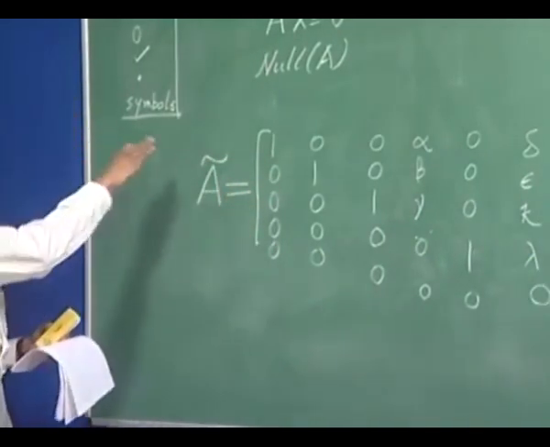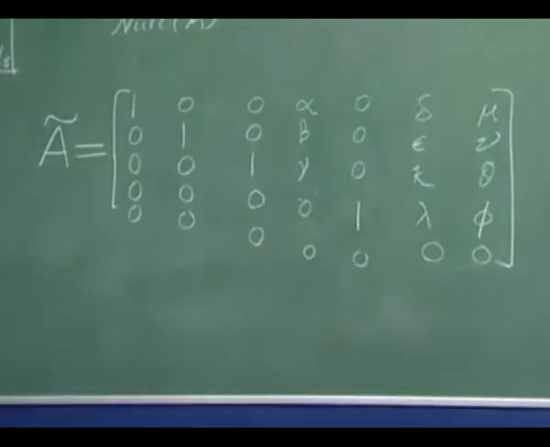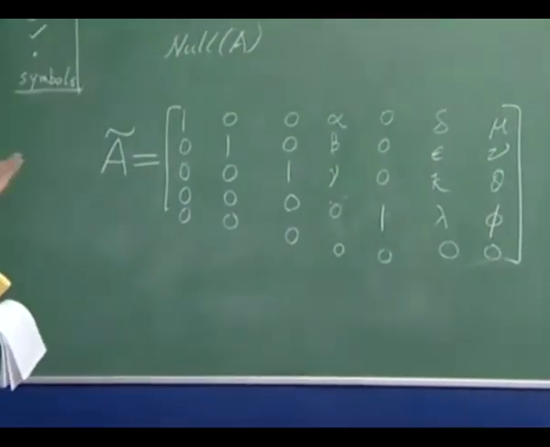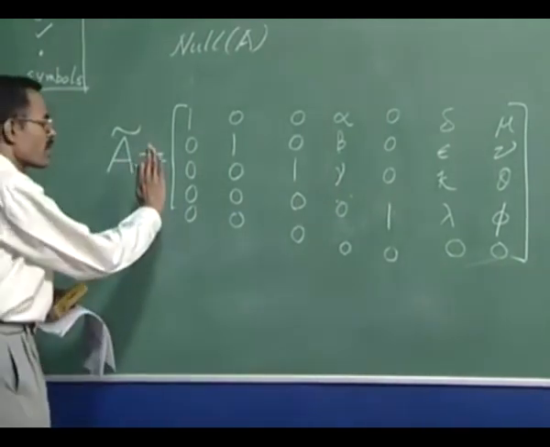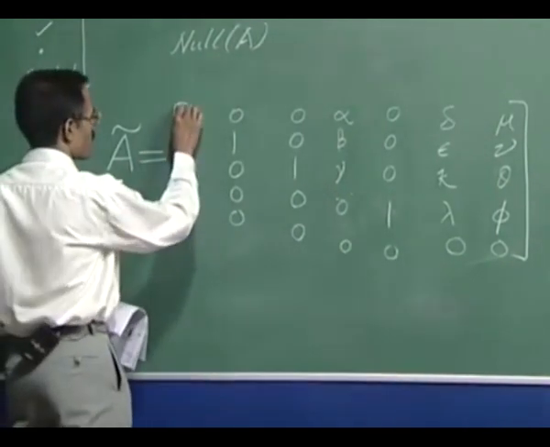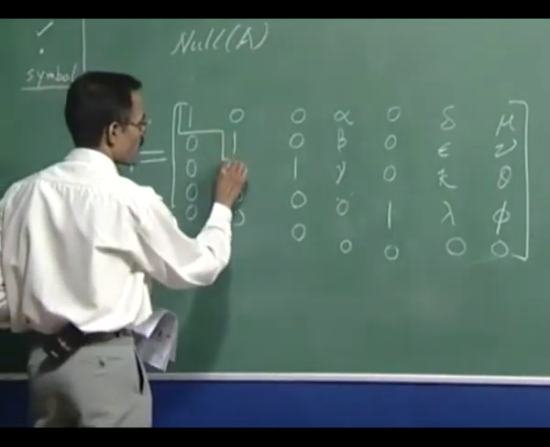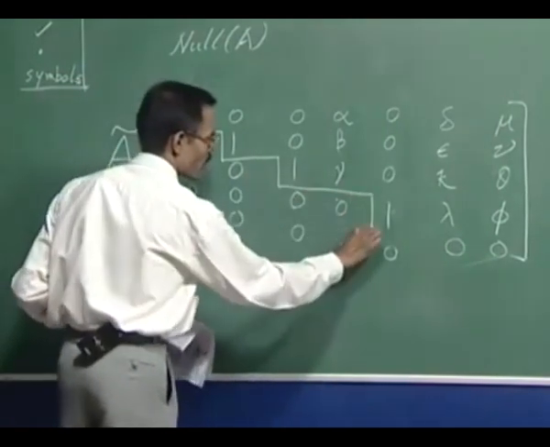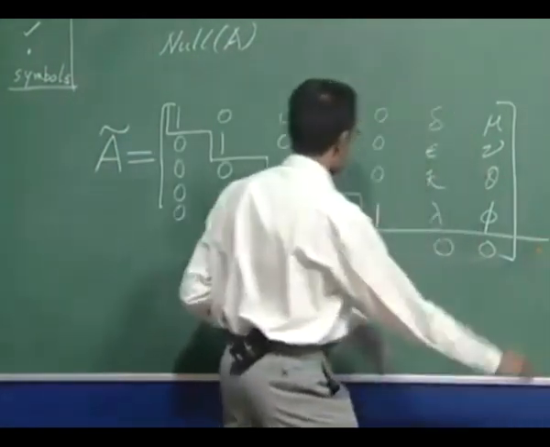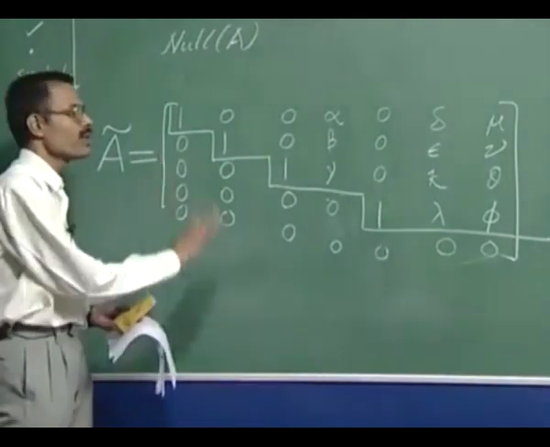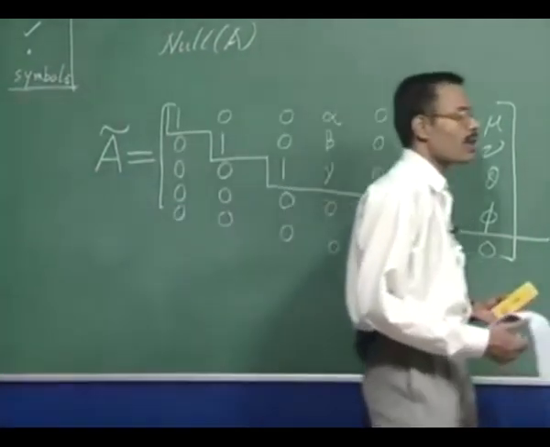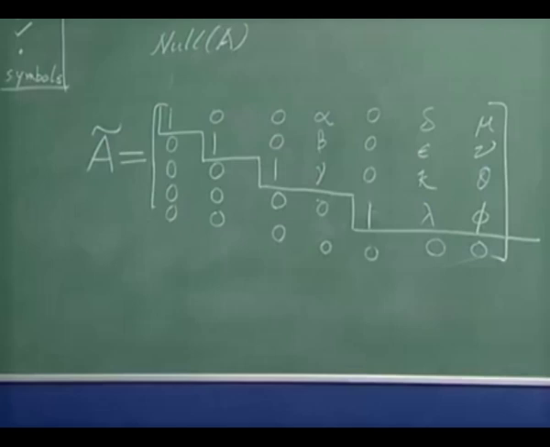From A to this step has been arrived at through elementary row transformations, and now in this reduced matrix, see this structure, below which everything else is 0. This form is known as the row reduced echelon form.